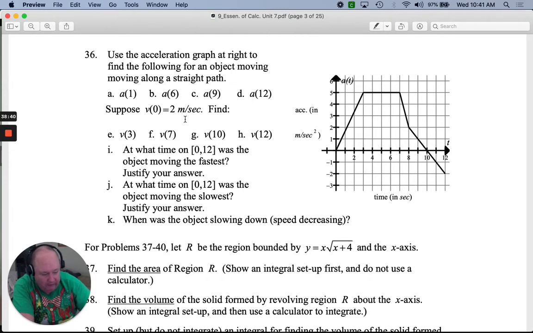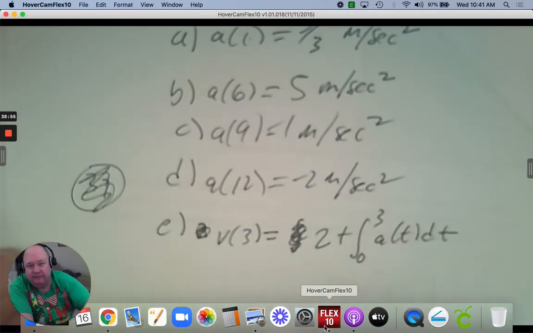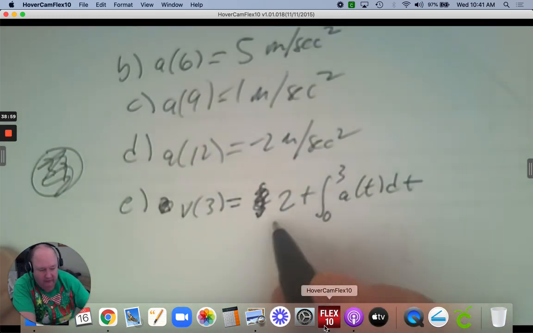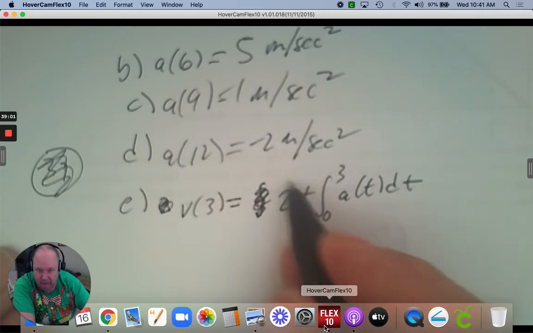To find the velocity at 3, we integrate. First of all, the velocity starts with the value of 2, and then we integrate from 0 to 3. So this is what it would look like. To find the velocity off an acceleration, it tells you the initial value at 0 is 2, so that's the initial.